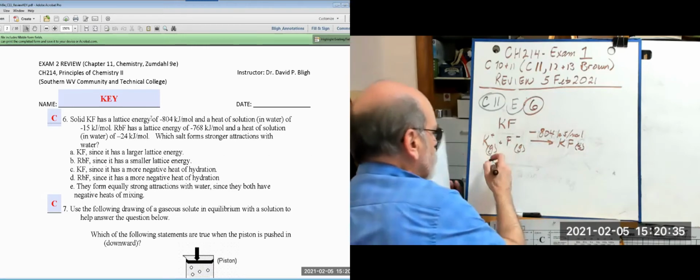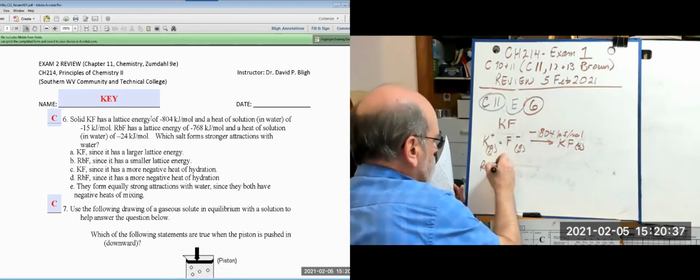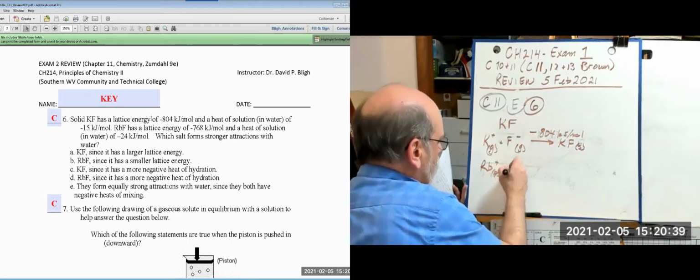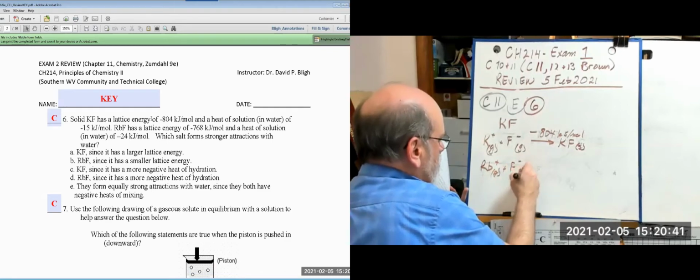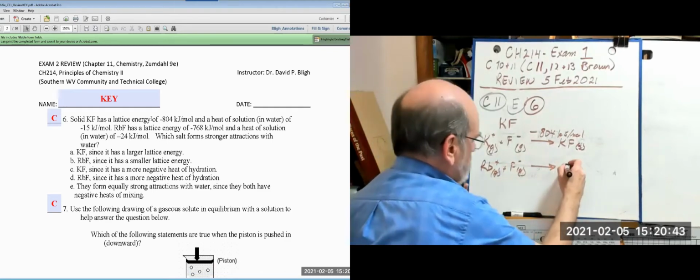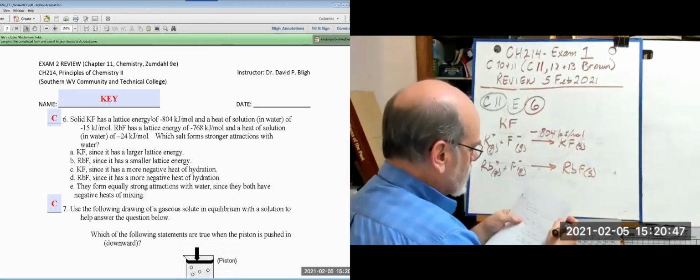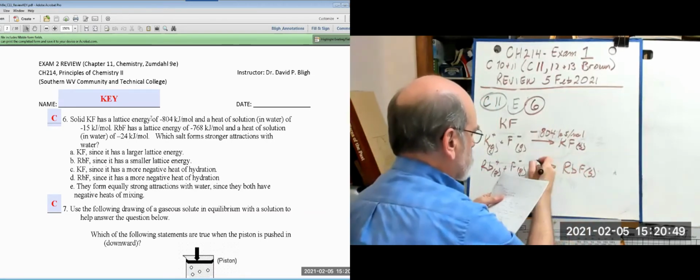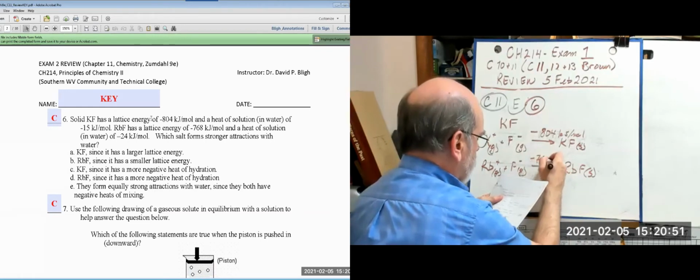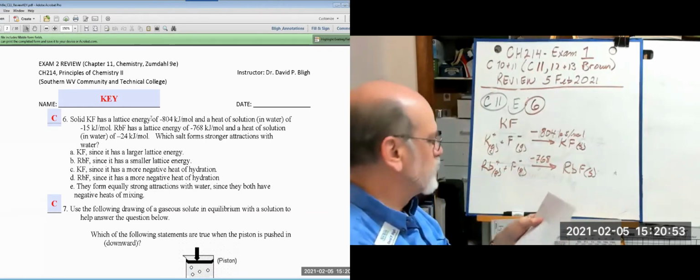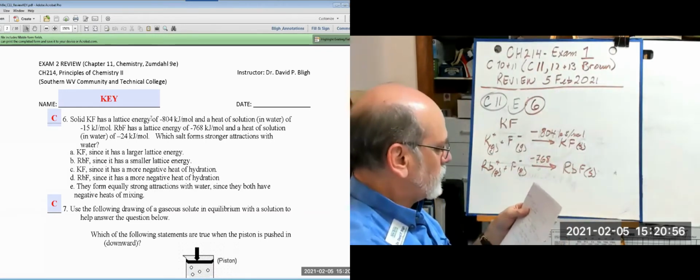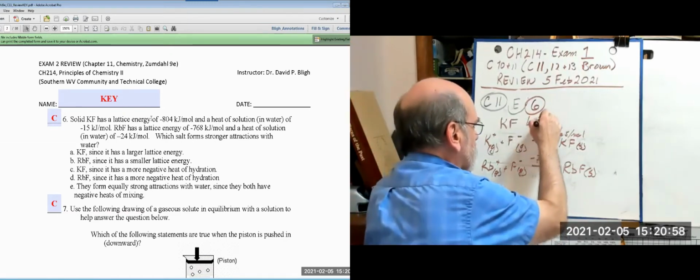Similarly, for rubidium, to do that, it only gives up this much kilojoules per mole. Okay, this is the lattice energy.